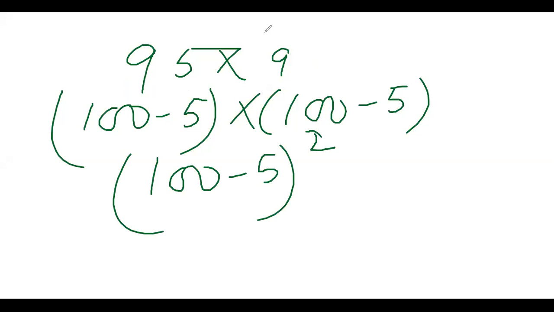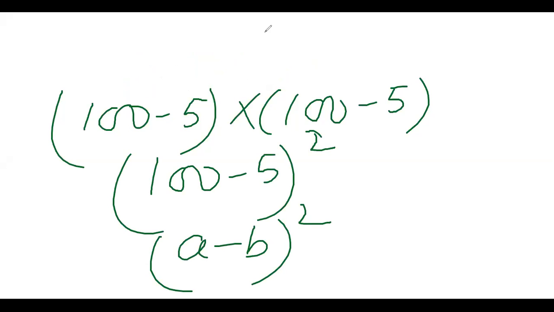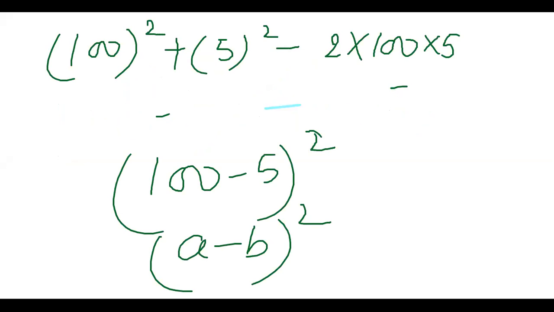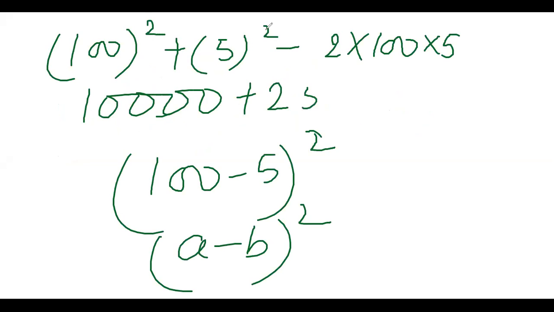So which identity we will use here? a minus b whole square, right? Then what will it be? 100 square, a square plus b square minus 2ab. Then it will be 10,000 plus 25 minus 1,000.